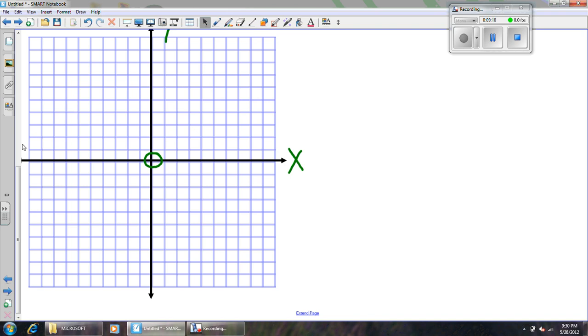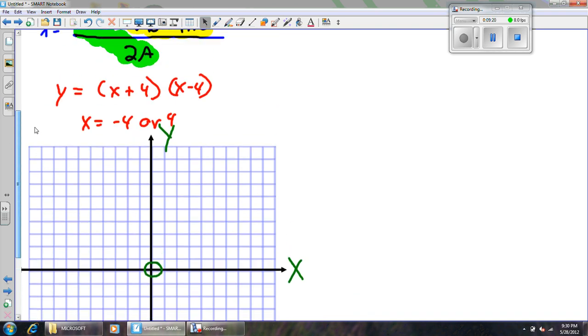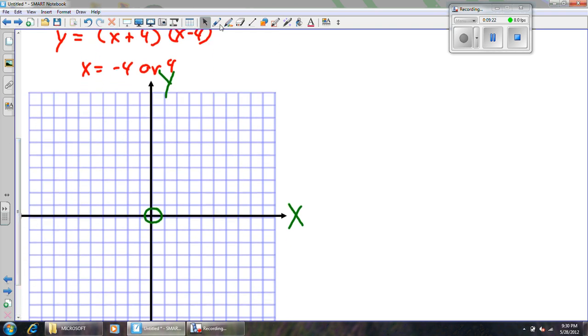What did I get? 4 and negative 4? Yeah, so sorry about that. I got distracted momentarily. So I'm going to go 1, 2, 3, 4 right there. And negative 4, 1, 2, 3, 4. Now, because of symmetry, I know that the axis of symmetry is going to be the y-axis. Whoa. Okay, it's not an asymptote. It's an axis of symmetry.